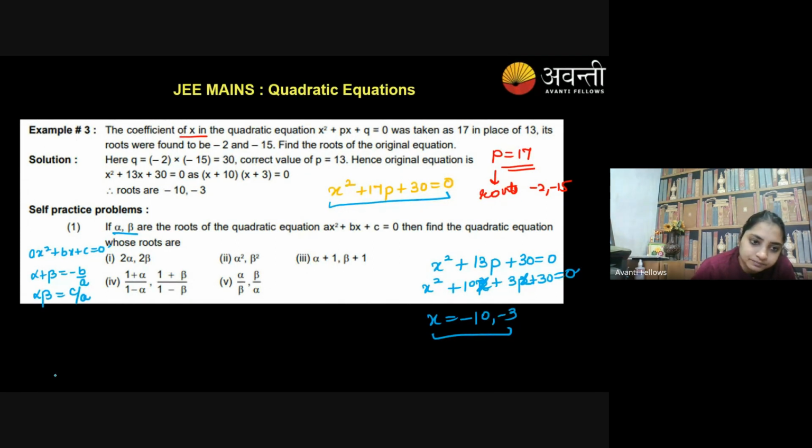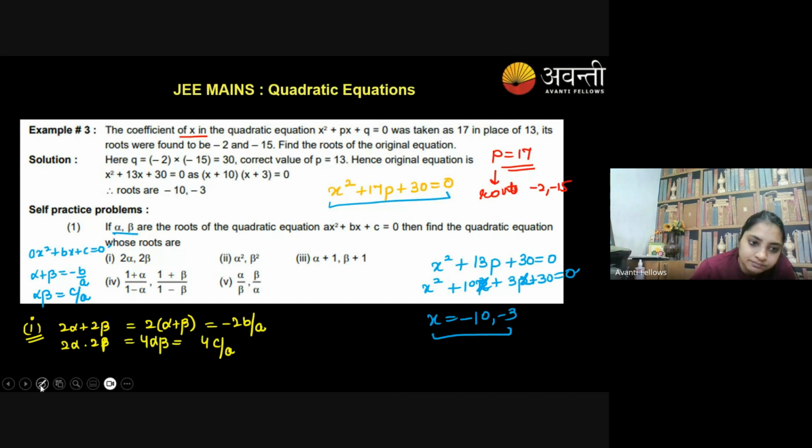Agree? When we are talking about part 1, 2 alpha plus 2 beta should be 2 into alpha plus beta, and that is equals to minus 2b upon a. In the same way, 2 alpha into 2 beta must be 4 alpha beta, and that must be equals to 4c upon a. Agree?